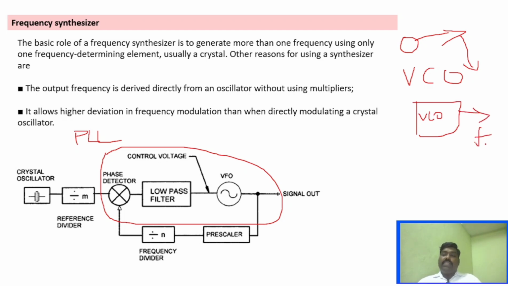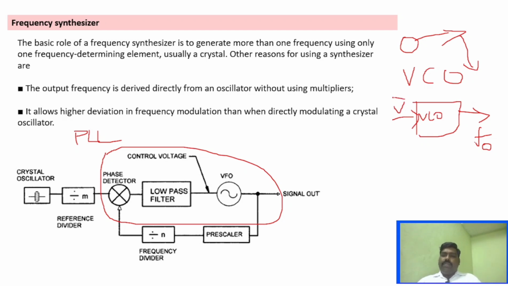We call that frequency F0, which is the free running frequency, right? This frequency can be controlled by a control signal. That control signal can be either a current or a voltage. Say for example, we have voltage.